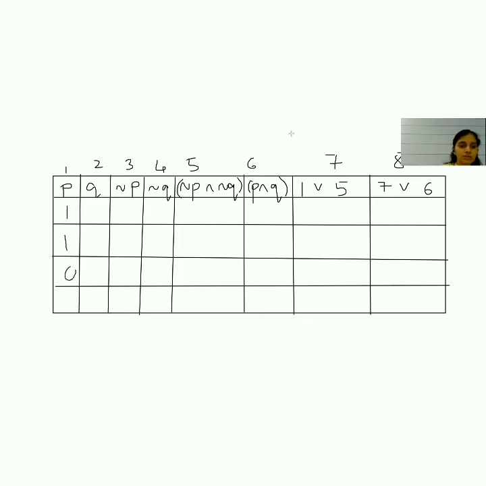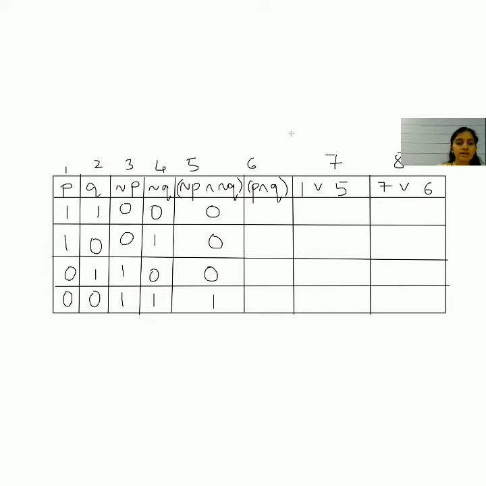P is 1 1 0 0, Q is 1 0 1 0. The negation P will be 0 0 1 1, negation Q is 0 1 0 1. Then negation P and negation Q, 3 and 4, so 0 0 0 and 1.